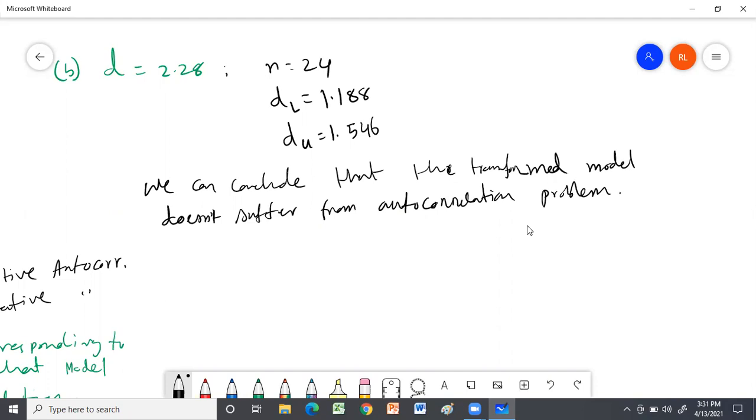Now number C: comparing the original and transformed regression, the t-value of personal disposable income has dramatically dropped. What does this suggest? In number C they have asked about the t statistic.